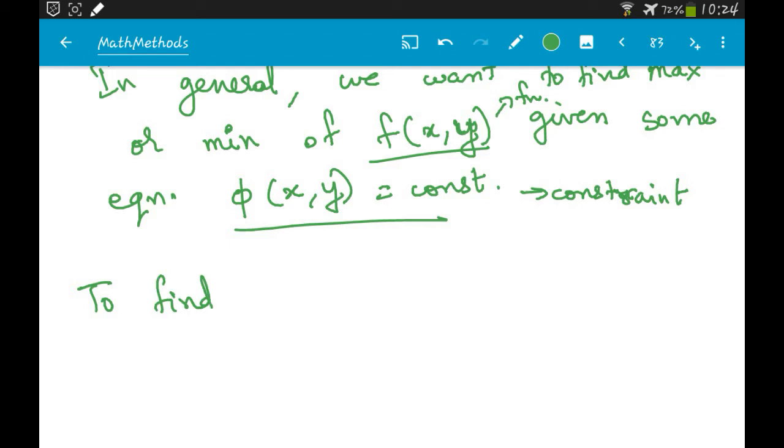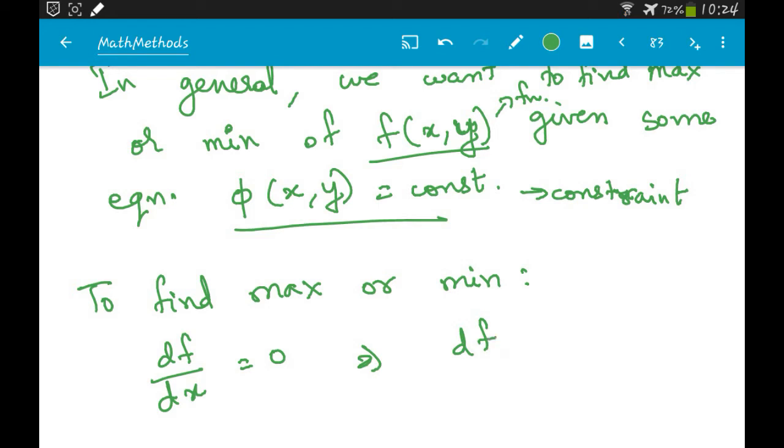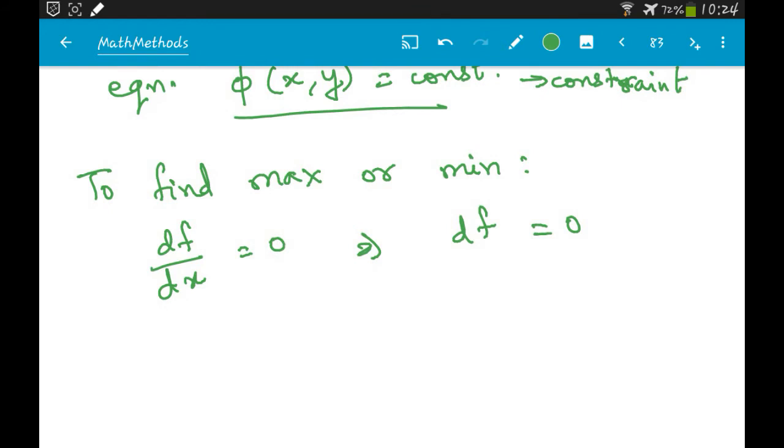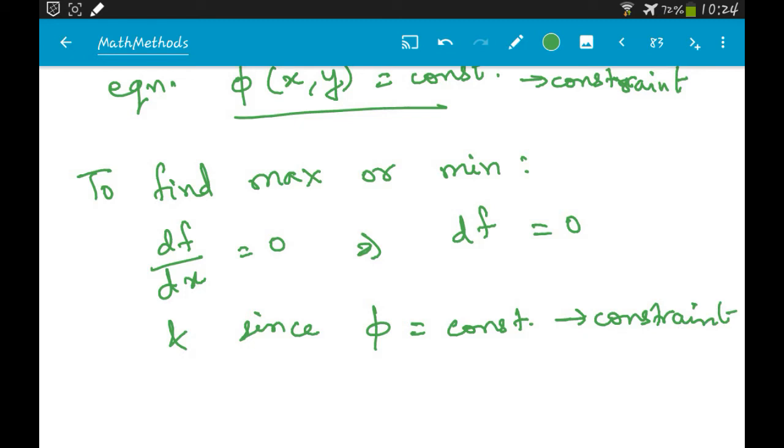To find maxima or minima, the first step is to set df by dx equal to 0, which essentially means that we are doing df is equal to 0. And since phi equals some constant, this is our constraint, then d phi will also be equal to 0, because differentiation of a constant is obviously 0.